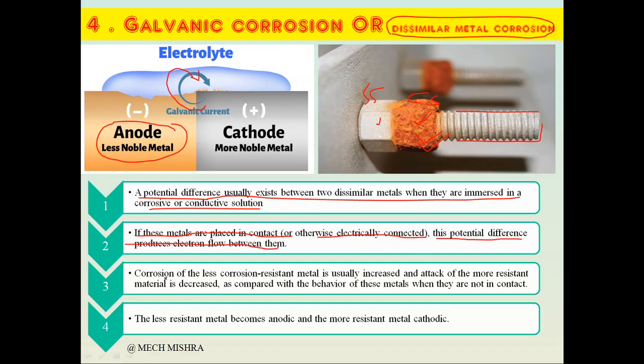The corrosion of the less corrosion resistant metal is usually increased. The less corrosion resistant metal, like carbon steel compared with SS, will start corroding, as compared with the behavior of the other metal. So the less resistant metal is anodic and will work as the anode, and the more resistant metal will act as the cathode.